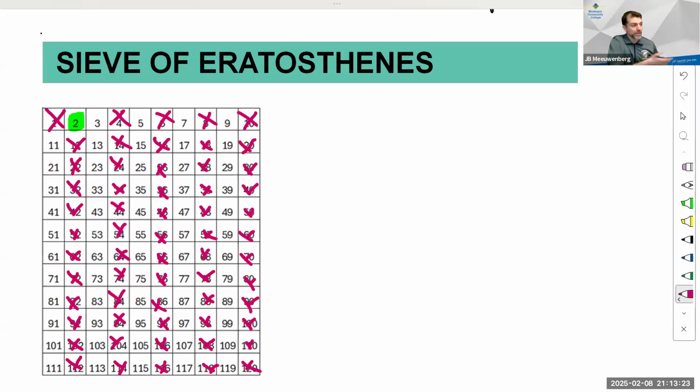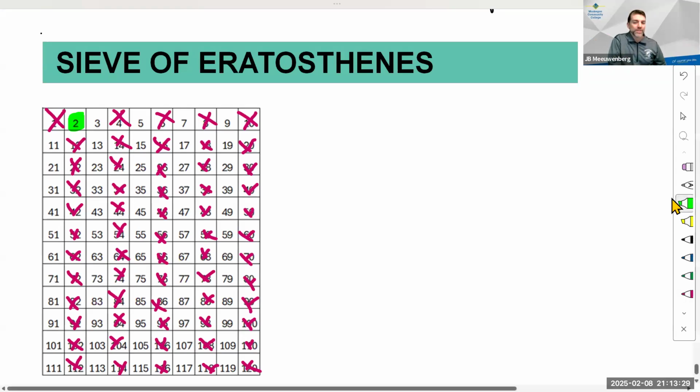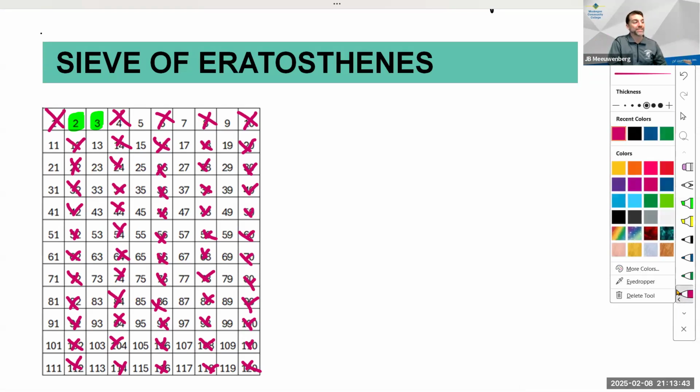So that was fun, but it's done. As you can see, it essentially eliminated half the numbers from our table. Then you say, okay, the next number that's open on the chart must be a prime number. And then you start crossing off every number that is a multiple of 3 that you haven't already crossed off.